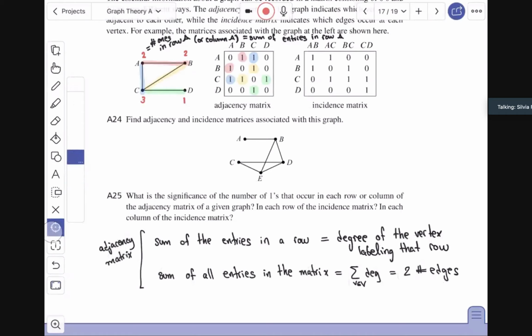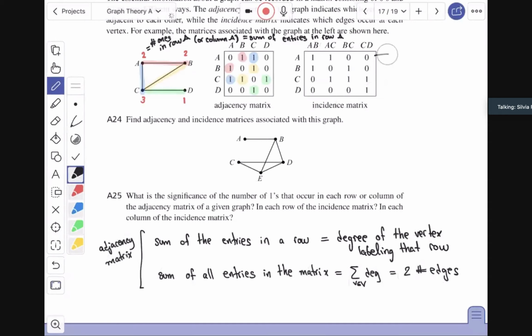In the incidence matrix, the sum of the entries in each column is 2 because it's just the 2 vertices that form the edge. And here this is also the degrees: 2, 2, 3, and 1.